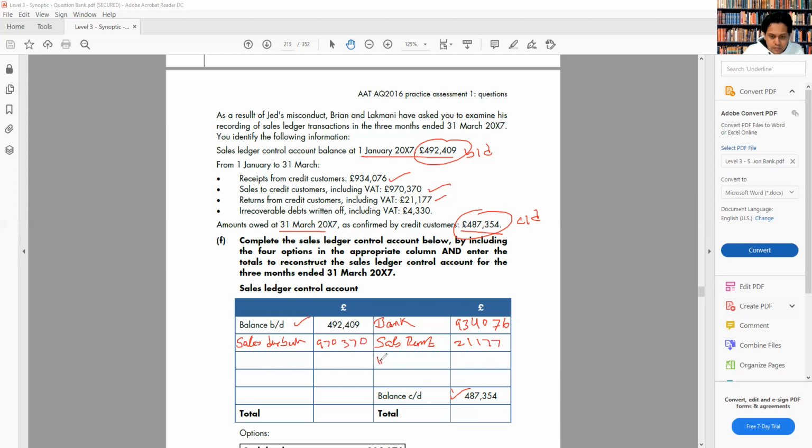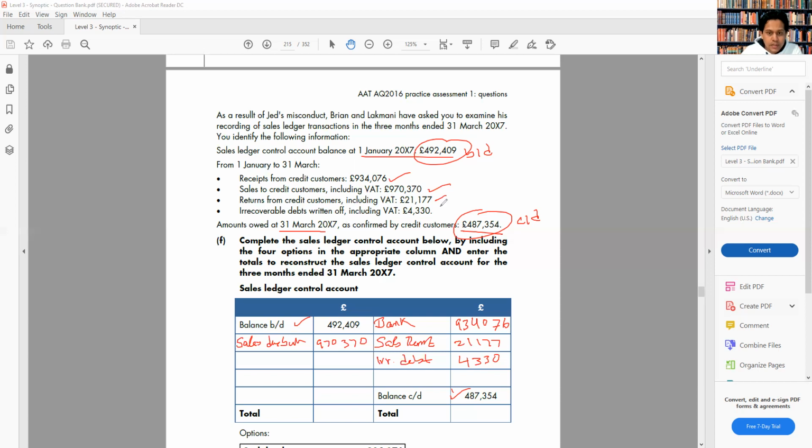Irrecoverable debt means the amount we are not expecting from the customer anymore. Some customers say they have closed the business and they cannot pay our outstanding balance, so we expect they cannot pay this balance. So we say irrecoverable debt. The money that is not possible to recover is called irrecoverable debt.